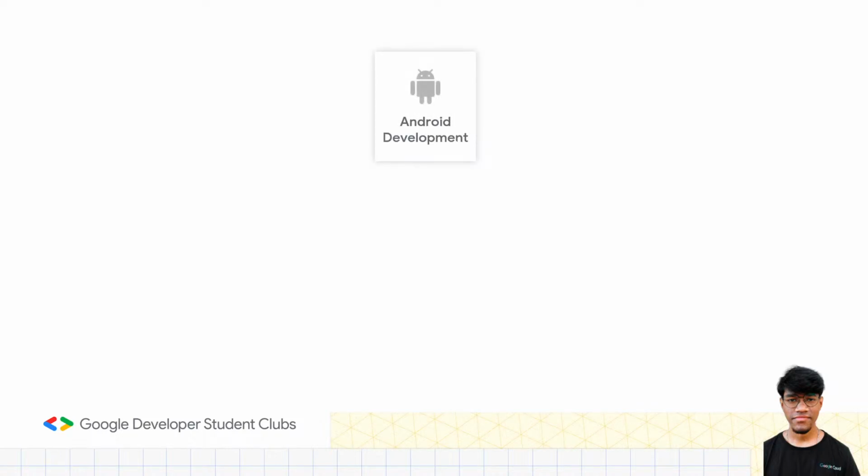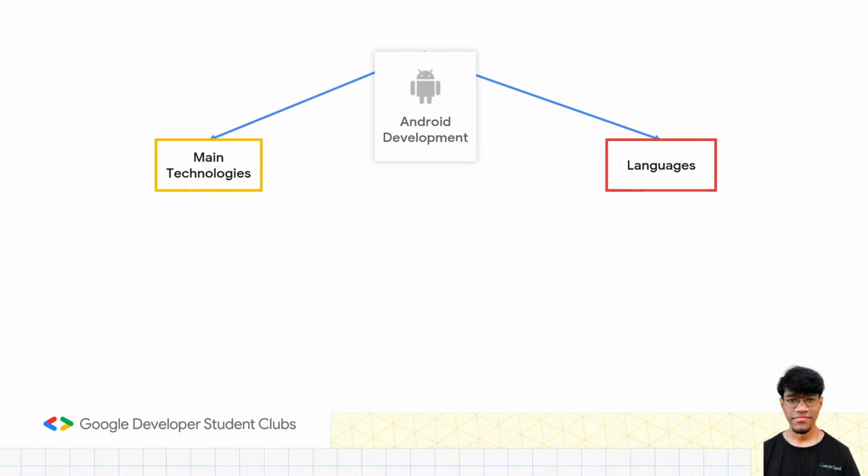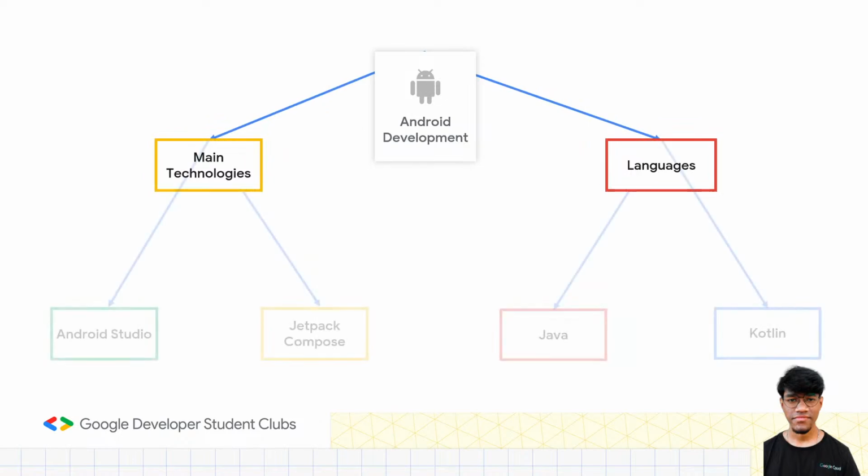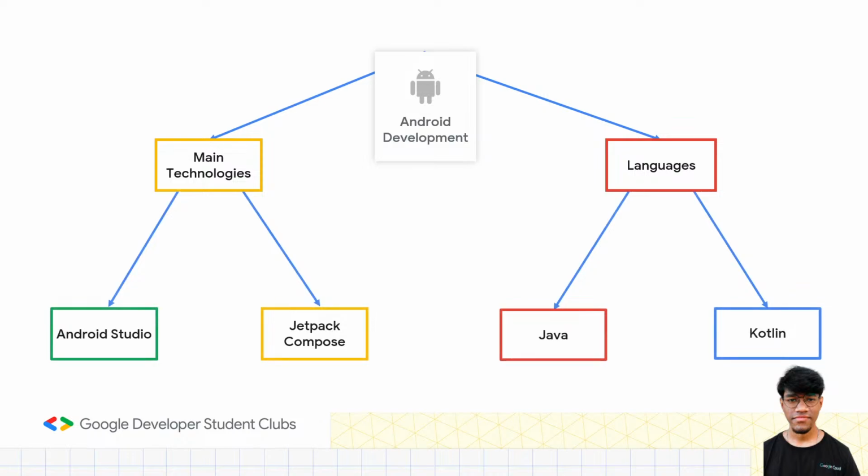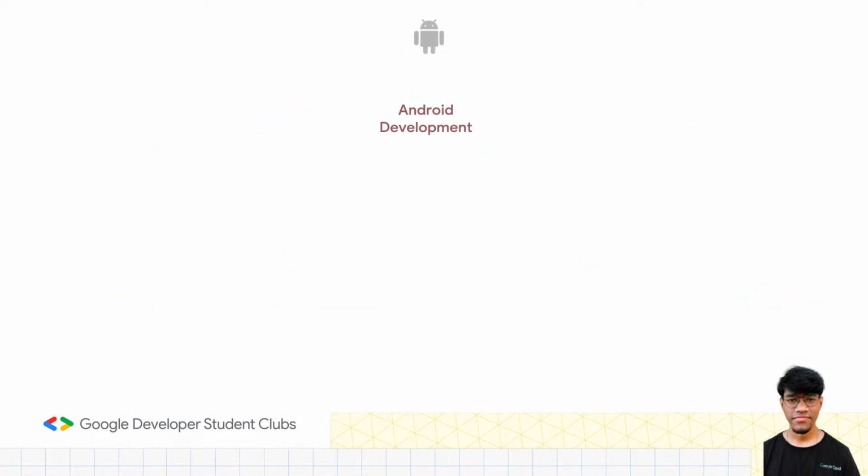Then we learned that Android development is divided into two parts: the main technologies and the languages. The main technologies are two parts: Android Studio and Jetpack Compose. We will also be learning about Firebase in the upcoming sessions. And in languages, we have learned about Java and Kotlin.